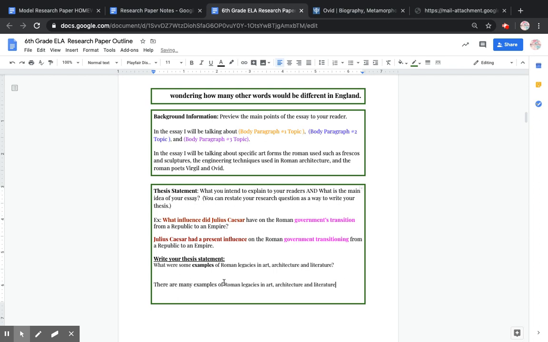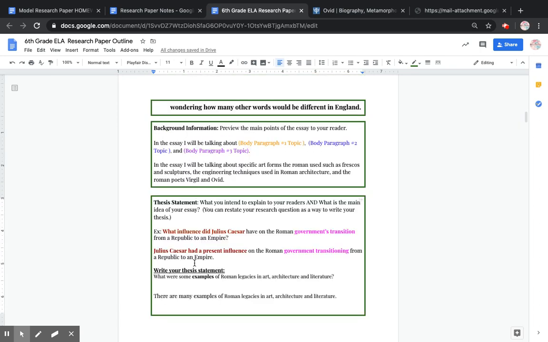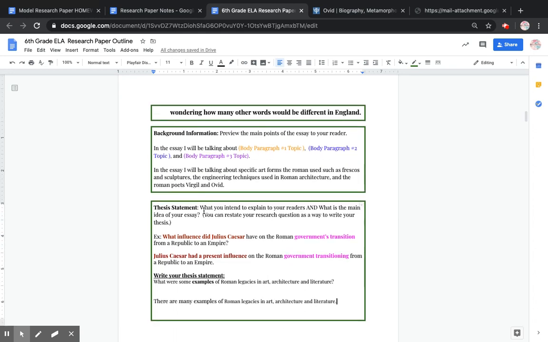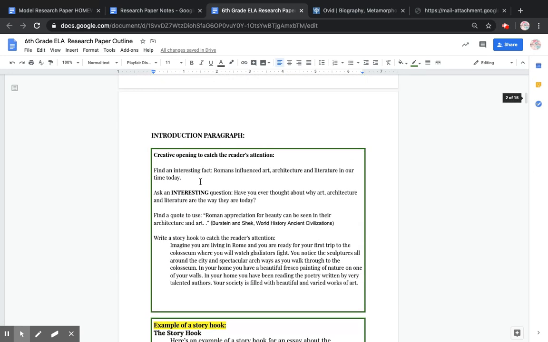There are many examples of Roman legacies in art, architecture, and literature. So that is my statement. That's what I believe, and I have information that backs that up. So that is my thesis statement. So I'm already done with my sentences. So I have one sentence here, two sentences here. Let's see.